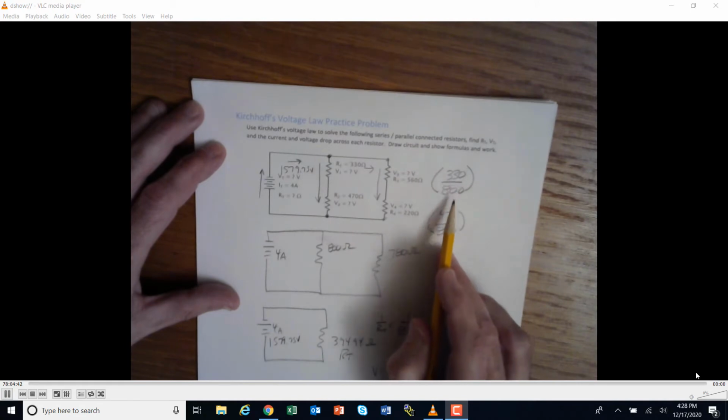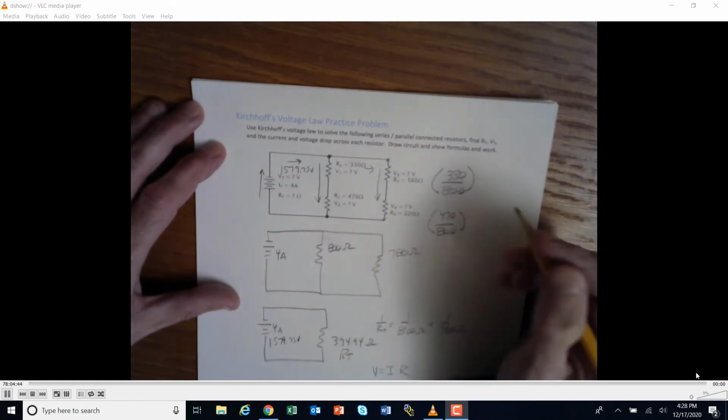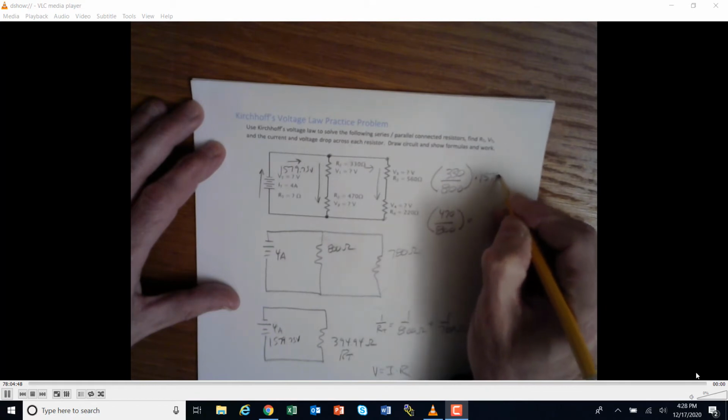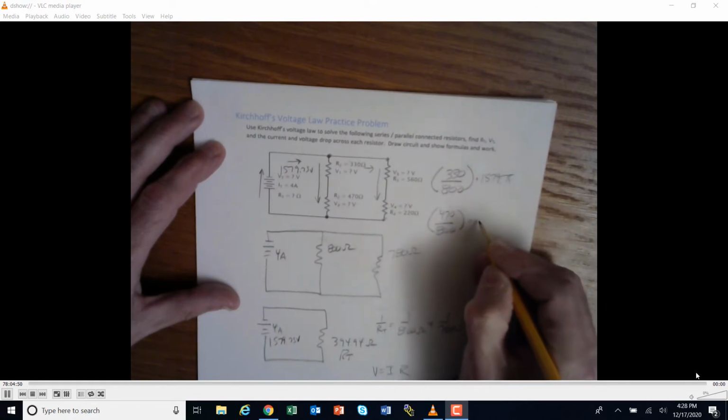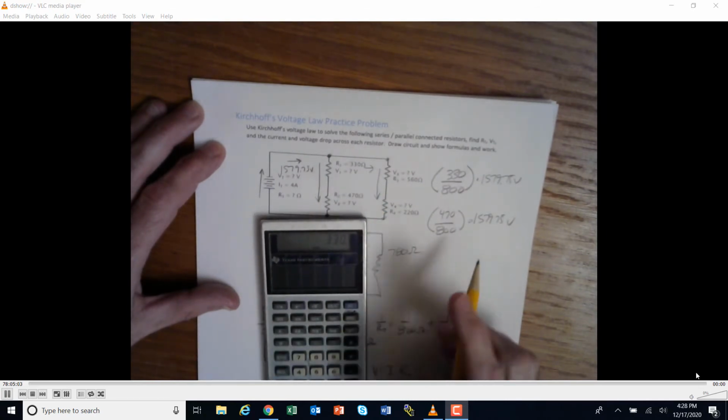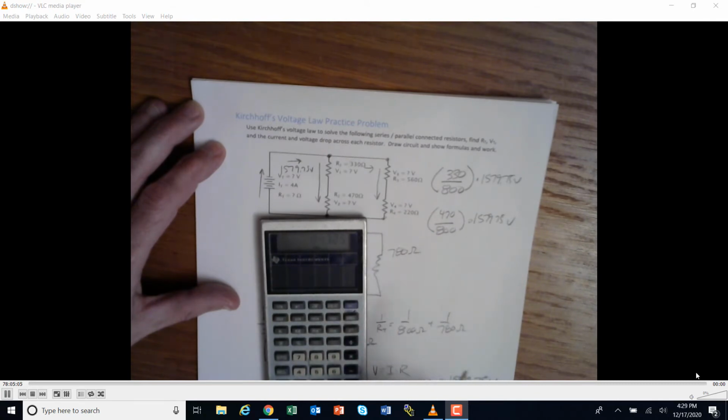And so when I get this ratio, it's going to be a percentage. I multiply that by the 1,579.75 volts, and I'll multiply this one by the 1,579.75 volts. Okay, so let's take a look at that. So the first one here is 330, and it's dividing by 800. Okay, so it looks like it's 0.4125.